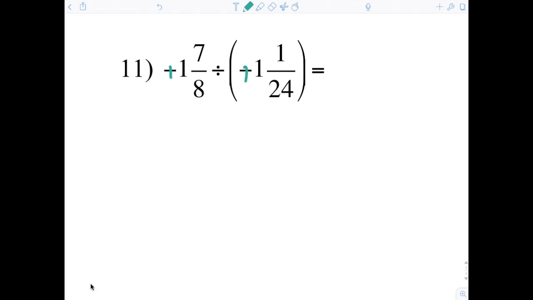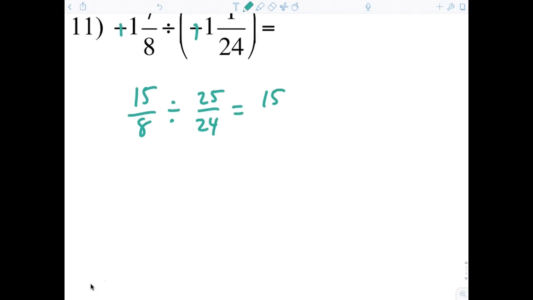Convert those. 1 7/8 is the same as how much? Good. 15 over 8 divided by 25 over 24. So now what? And then it would be 15 over 8 times 24 over 25. Beautiful.